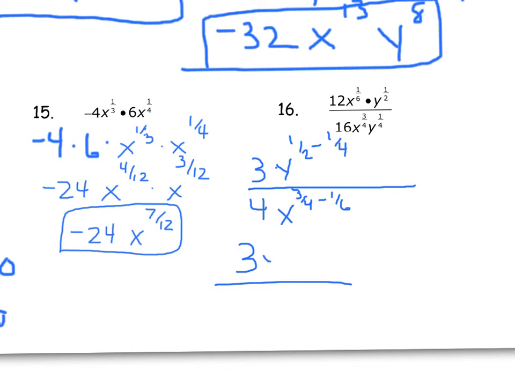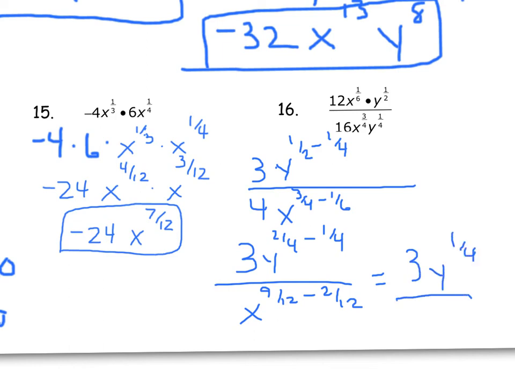So we have y to the 2/4 minus 1/4. And in the bottom, for the x's, the common denominator is 12. So x to the 9/12 minus 2/12. And finishing up, we're going to have 3 y to the 1/4 over x to the 7/12. And that one is done.